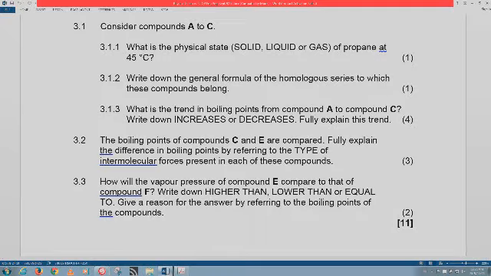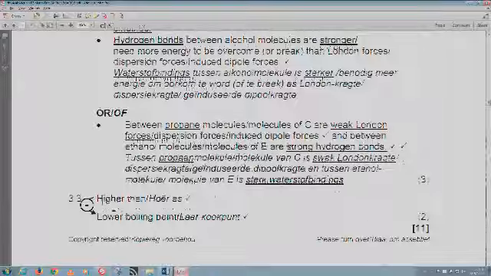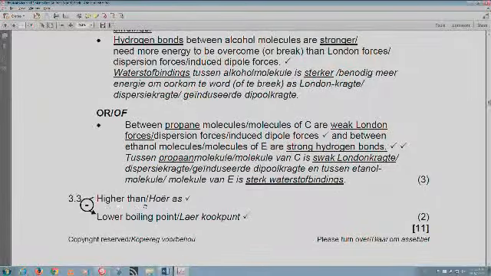So the learner there was asked about the vapor pressure of compound E compared to that of F. So the vapor pressure of compound E is higher than the one of compound F. So the learner must say higher than first before you are able to mark the reason. Then after saying higher than, then the learner must say it is due to the fact that E has a lower boiling point.